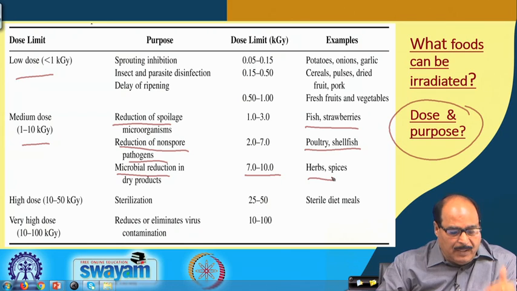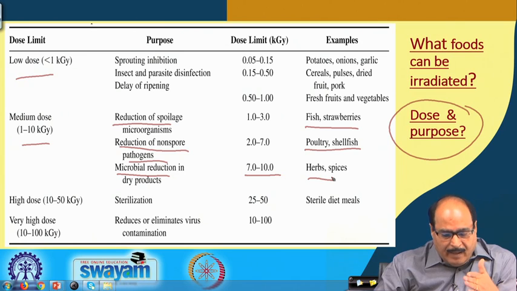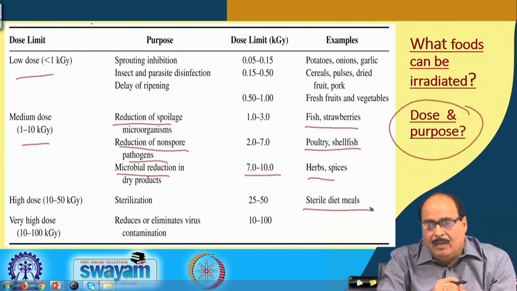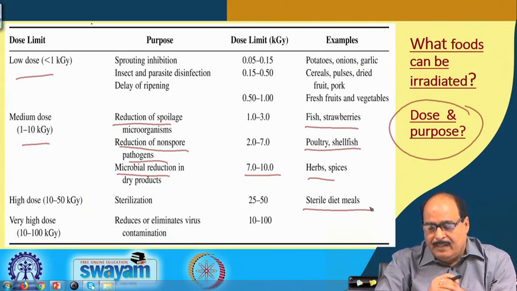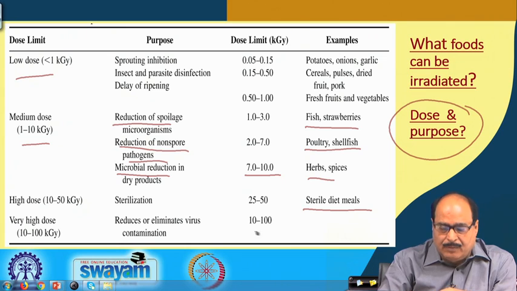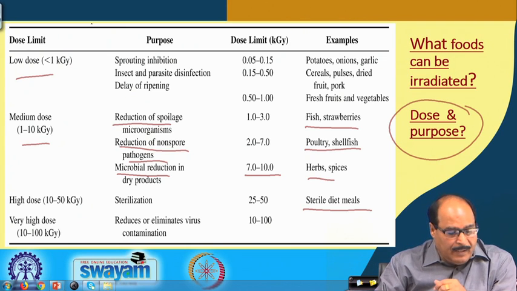Of course, a high or very high dose, particularly for sterilization or for elimination of viral contamination, to produce sterile diet meals and army rations, etc., maybe 25 to 50 or 10 to 100 kilo gray can be used.